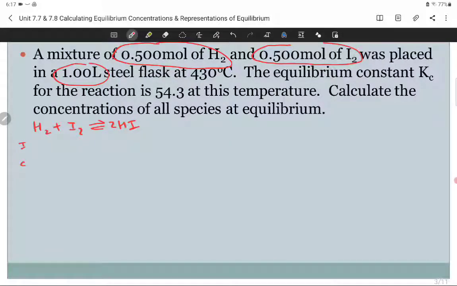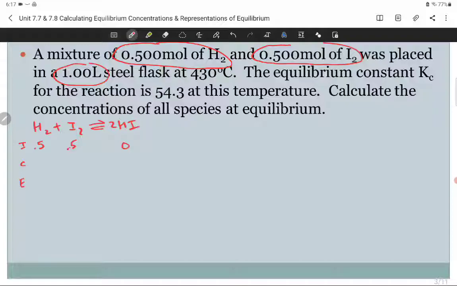Initial, change, equilibrium. And I'd already calculated that we started off with 0.5 molar. Now, again, sig figs and units, I just don't have enough room in this table to put all those things, but we're definitely going to keep an idea about that as we move forward.